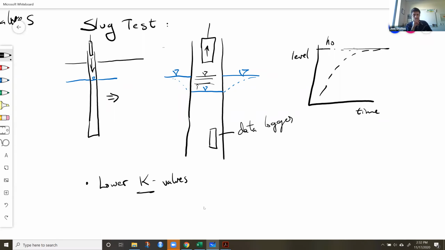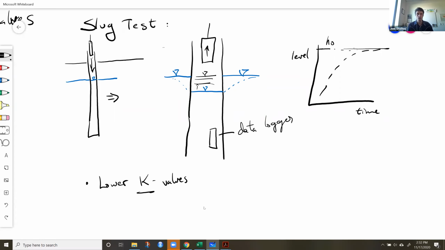And the idea here is that you go back to the equations that we talked about in general, like the Dupuit equation, which relates groundwater flux and flow to hydraulic conductivity to the gradients of these water table lines. And you can basically back calculate a K value or some other property of the aquifer.